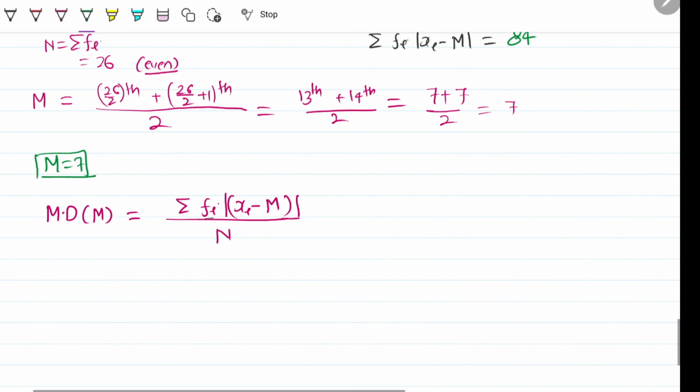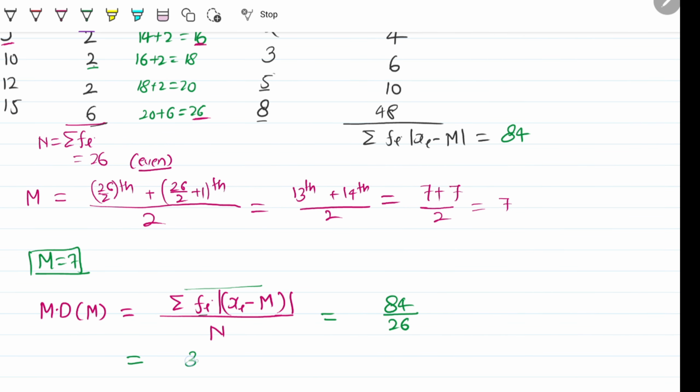Now we have all the values, so put here: the summation came 84 and capital N is 26. So divide 84 upon 26, and you will get 3.23. So your mean deviation about the median is 3.23.